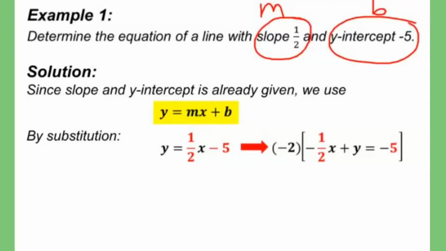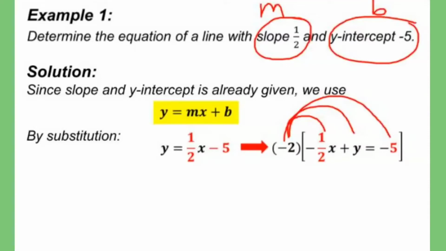Multiplying -2 to all the terms in our equation, -2 times -1/2 is equal to +1. Then, kokopyahin lang natin yung variable x. -2 times +y, that would be equal to -2y. And lastly, -2 times -5 is equal to +10.